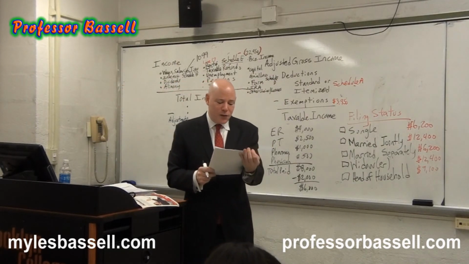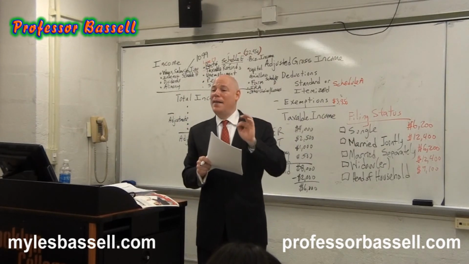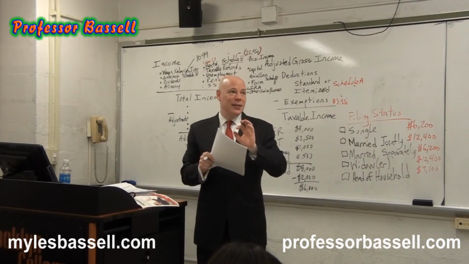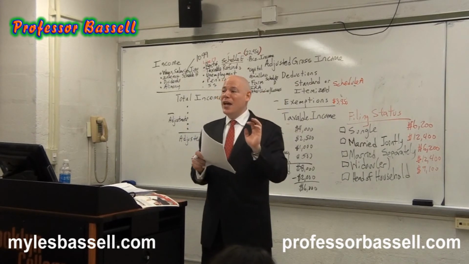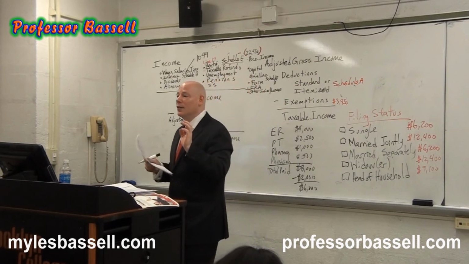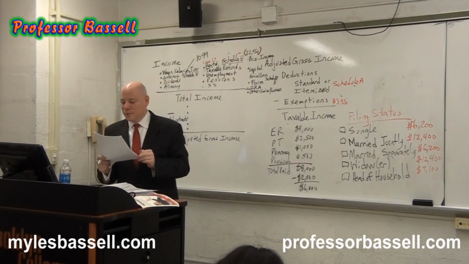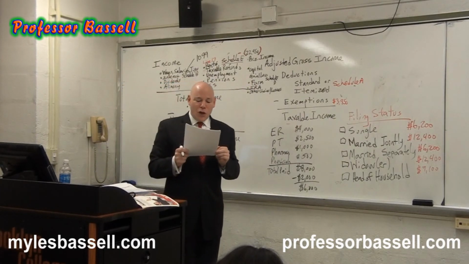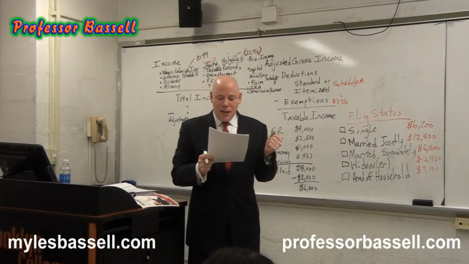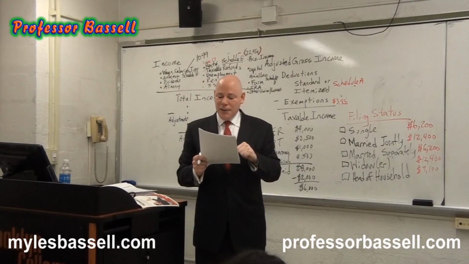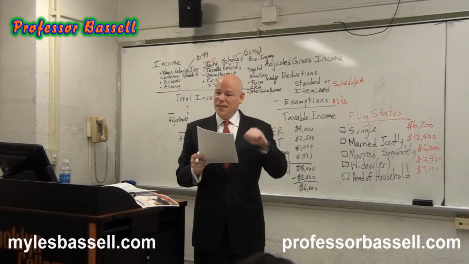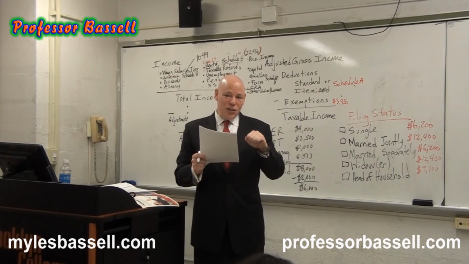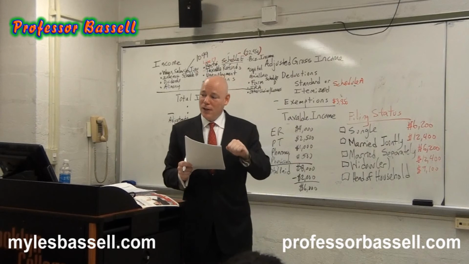Well, on line 3 it tells us we need to multiply that amount, that AGI, by 10%. So 10% of her AGI is what? $10,000. So 10% of AGI is more than the $6,000 that she paid for her medical expenses.